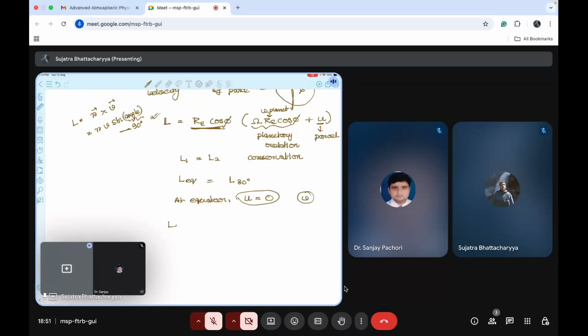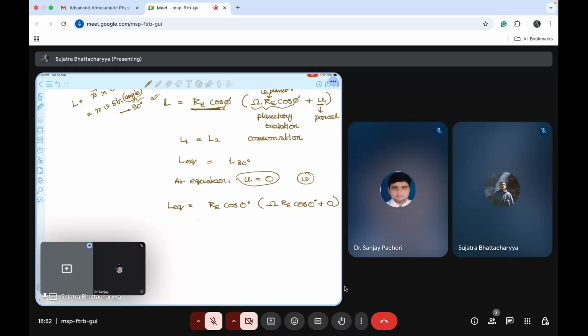L equator becomes what? It becomes Re cos of 0 into omega Re cos of 0, and your u is 0. So this is your L equator. Cos 0 is 1, omega Re.